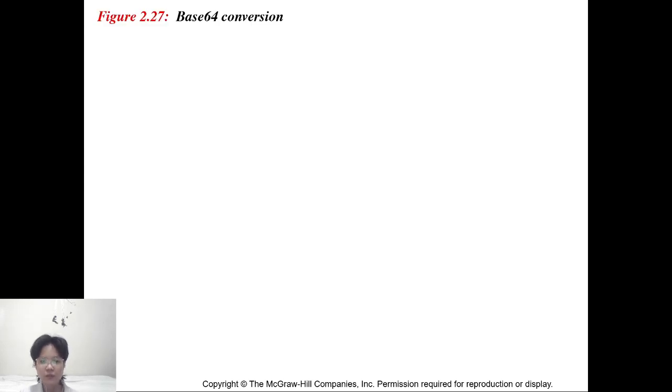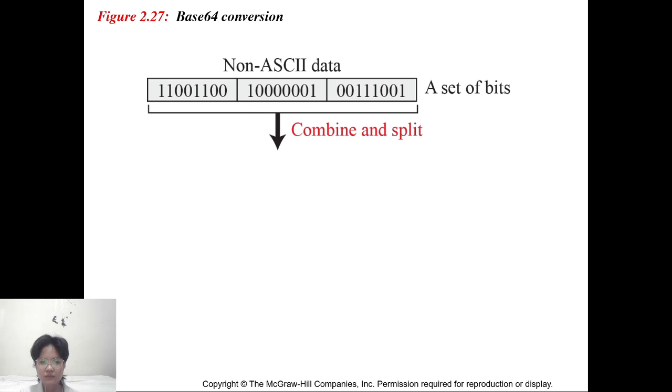For picture 2.27 base64 conversion, we have binary code and it is non-ASCII data. It's combined and split.